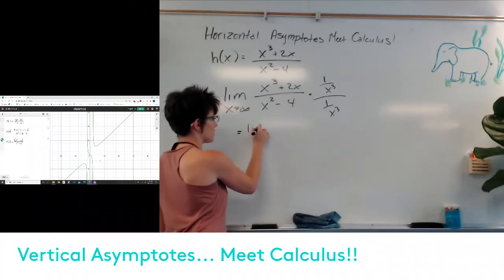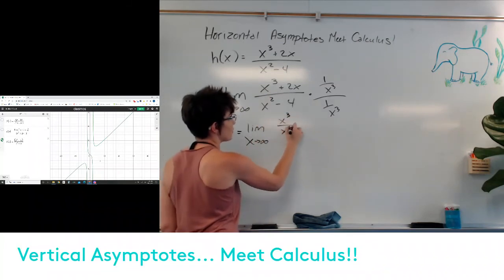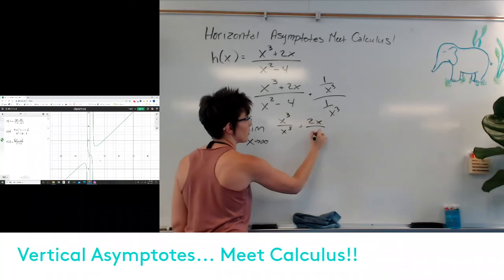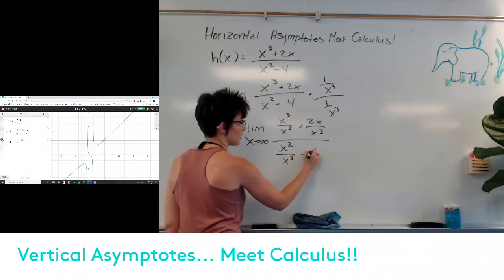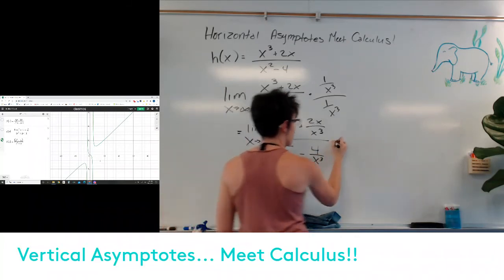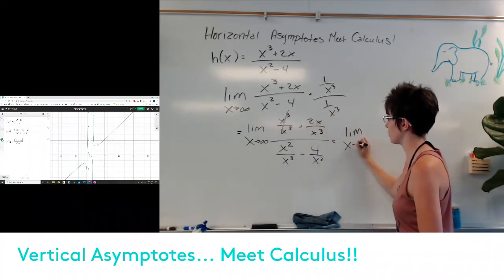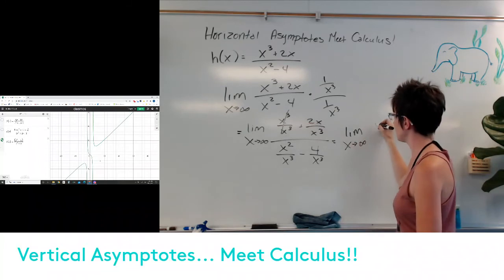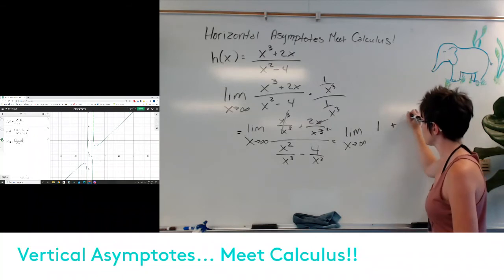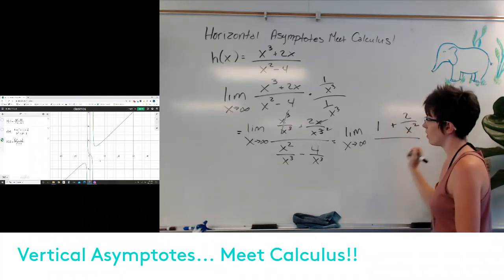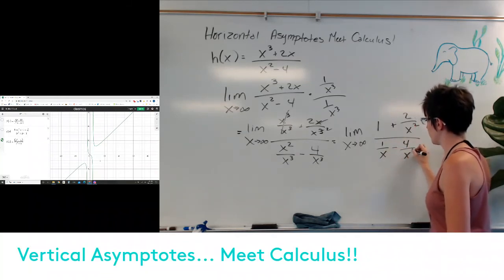So this gives me the limit as x approaches infinity of x cubed over x cubed plus 2x over x cubed, all over x squared over x cubed minus 4 over x cubed. When I cancel, that becomes 1. Here, this cancels, and I'm left with 2 over x squared, all over 1 over x minus 4 over x cubed.